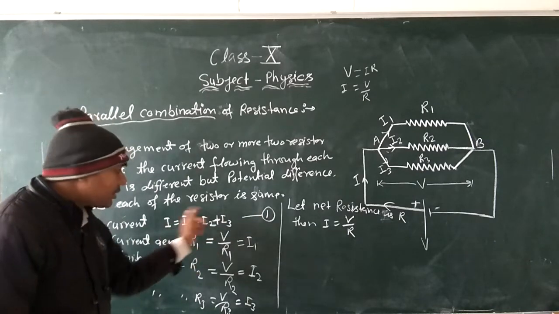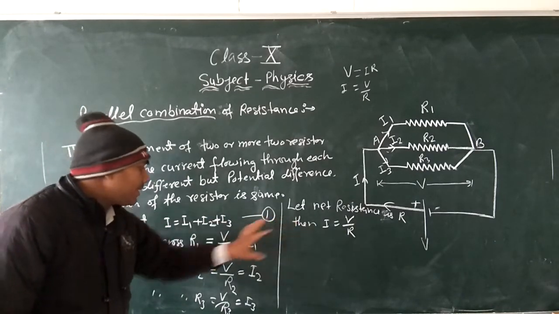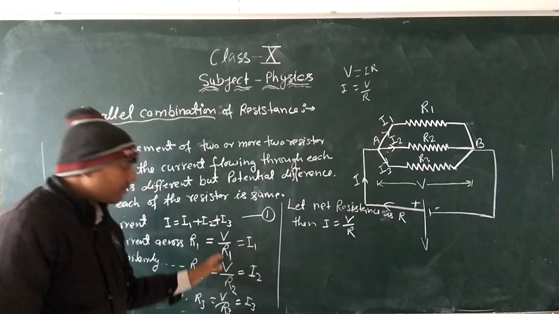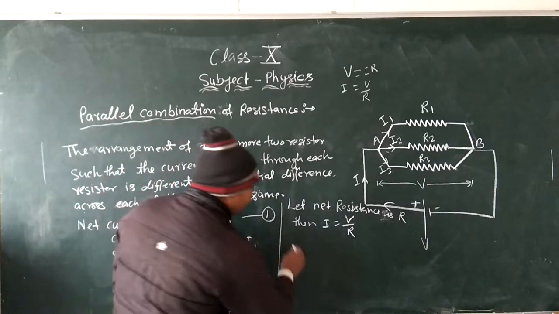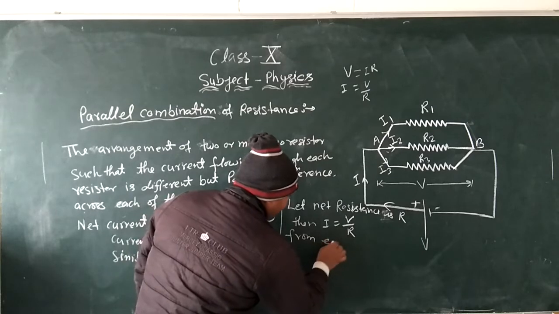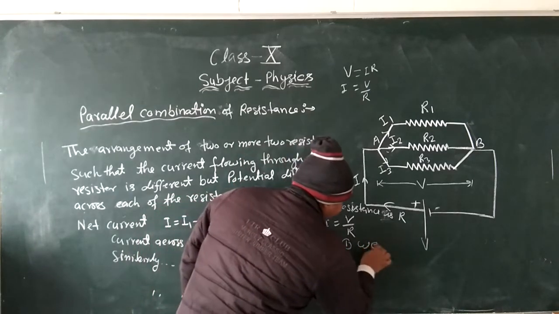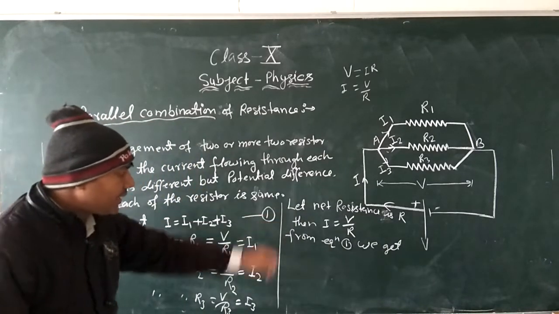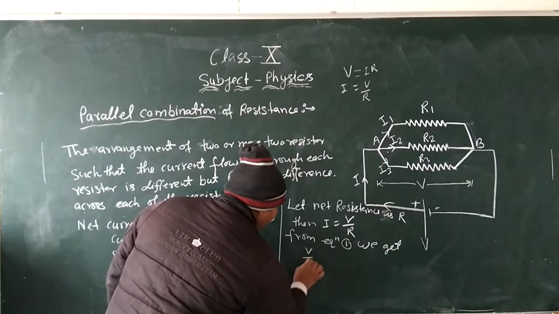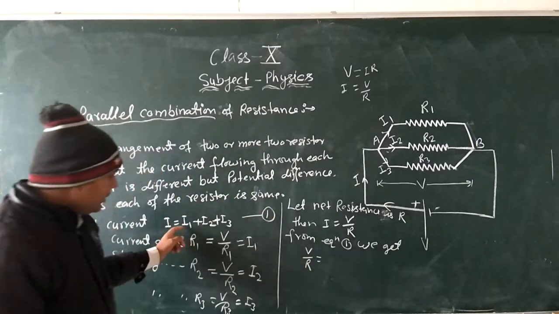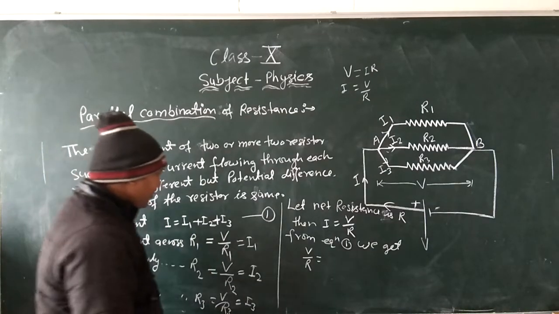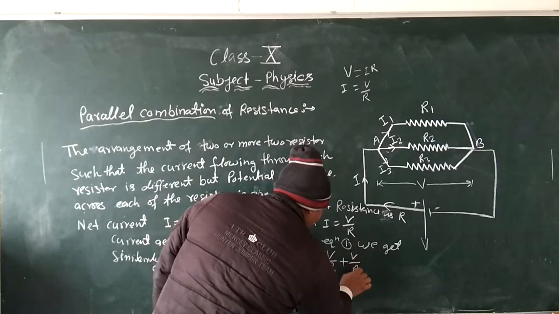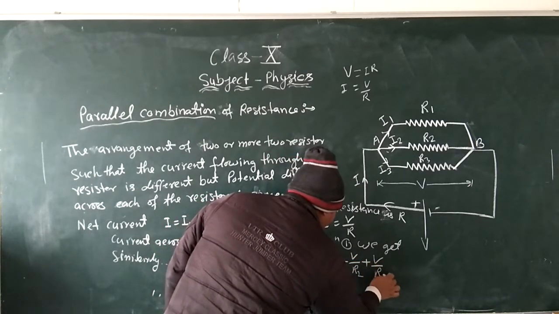Therefore, from equation first, we can replace I1, I2, I3 by V upon R1, V upon R2, V upon R3, and I by V upon R. That means V upon R is equal to V upon R1 plus V upon R2 plus V upon R3.